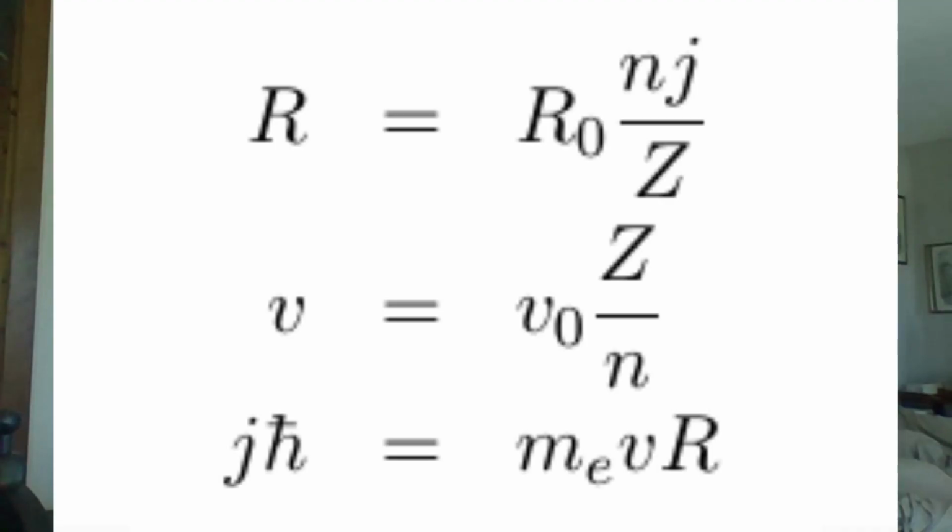So if you look at this, you can then obtain some quite simple ideal relation characteristics. So you have the radius, the speed, and the angular momentum, as you see here, where the 0 indicates the value of the lowest energy level for the hydrogen atom, and theta is the effective charge seen by the electron.